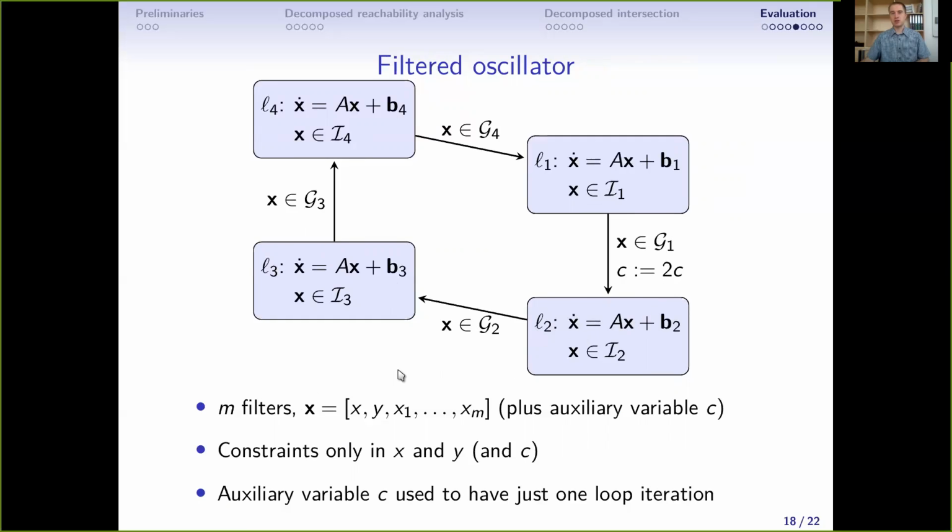And the interesting thing about this model is that it is scalable in the number of dimensions. So you have 2 dimensions plus m filters, and the invariants and guards are only constrained in the dimensions x, y, and our auxiliary variable. So we have only 3 constraint dimensions, no matter what value m we choose. This is the ideal case for our algorithm.